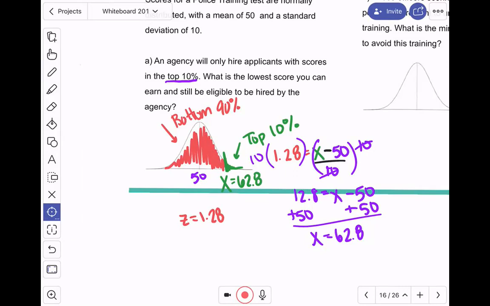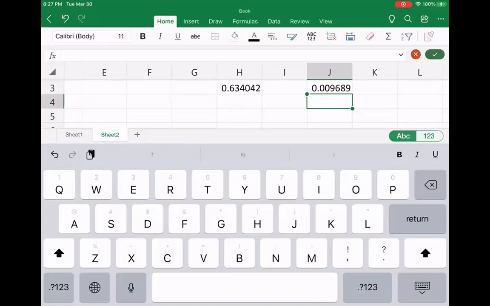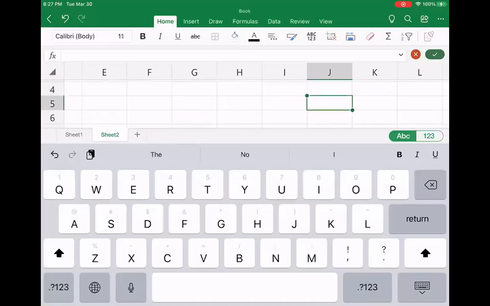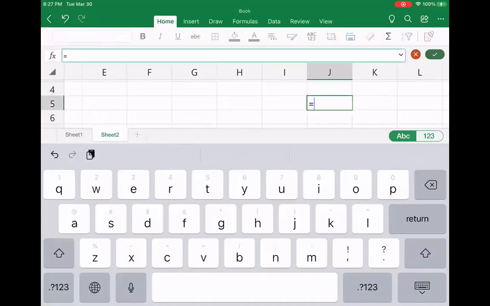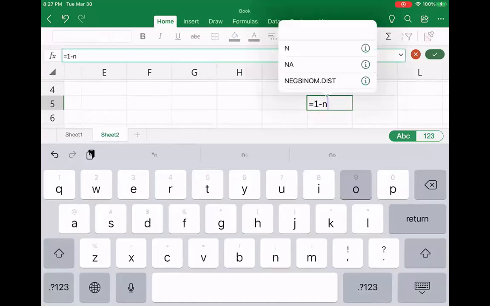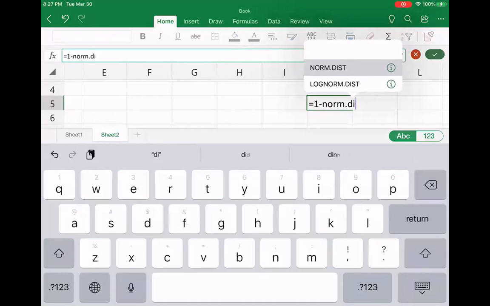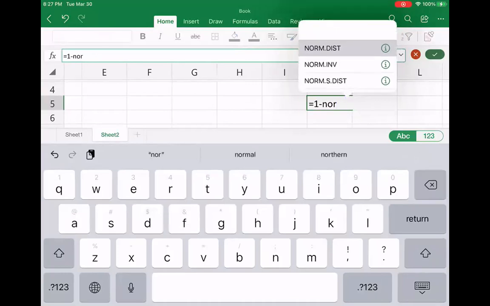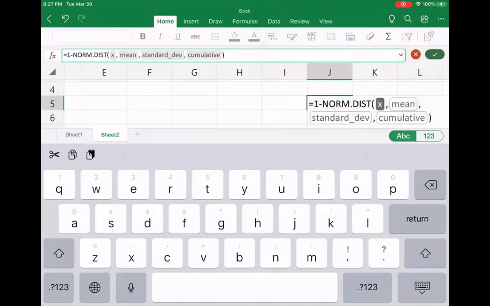I want to calculate the top 10%, so I'm calculating the right-hand side, right? So in Excel, because it's the right-hand side, I'm going to do 1 minus norm.dist, 1 minus norm.dist, x is 62.8.